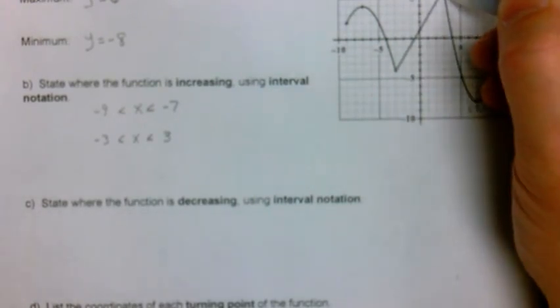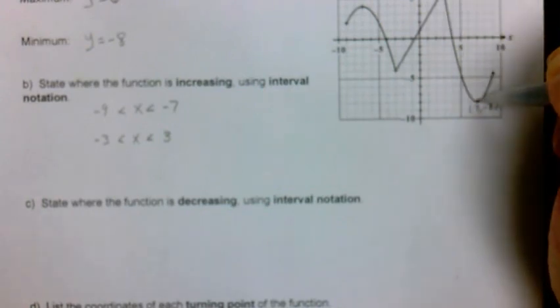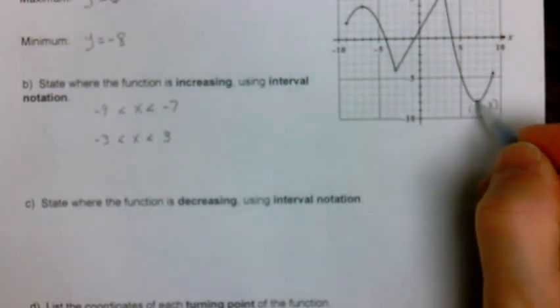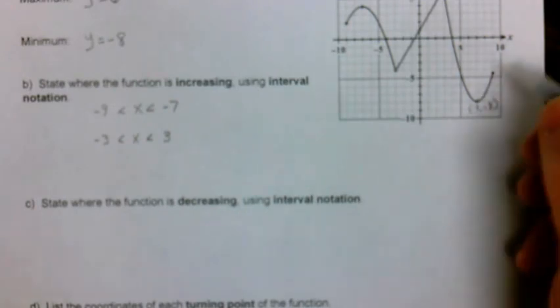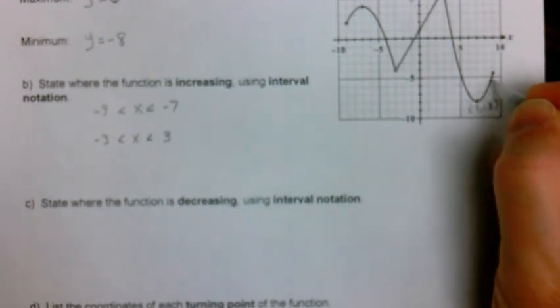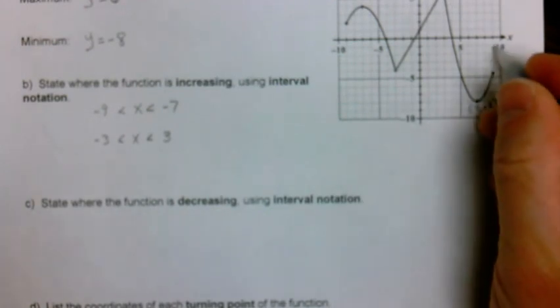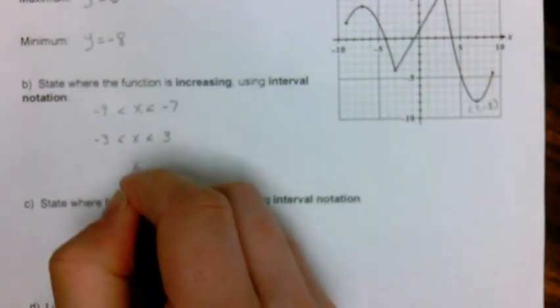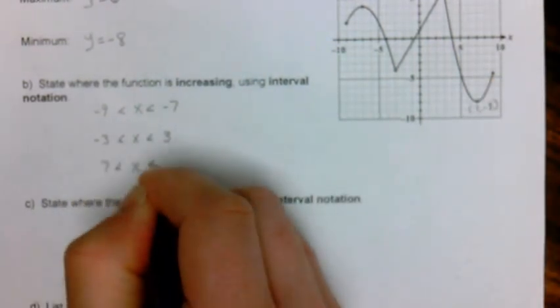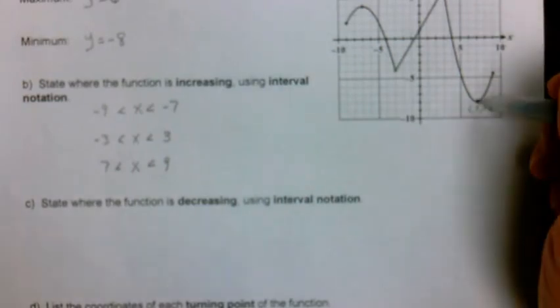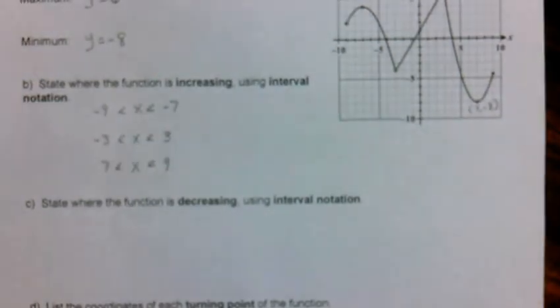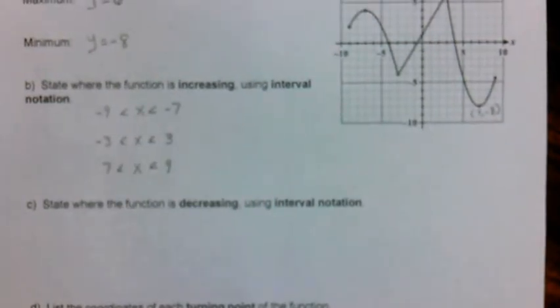The function then decreases again until it reaches this point right here, and that's your minimum point again. And then the function again starts to increase until it reaches this point right here. So what are those x values? Well, I know this x value is 7, and this x value right here is 9. So all x values that are between 7 and 9 also show where the function is increasing. So there's 3 intervals where the function is increasing.